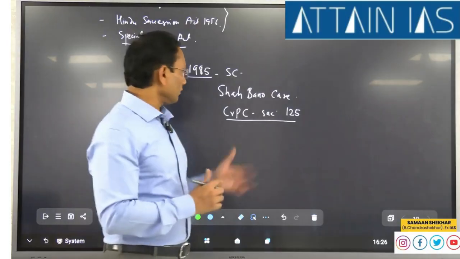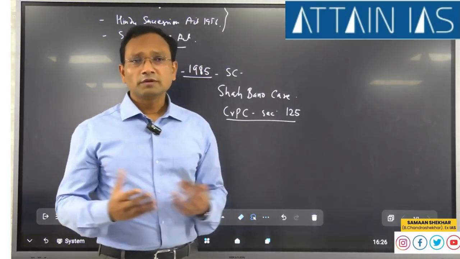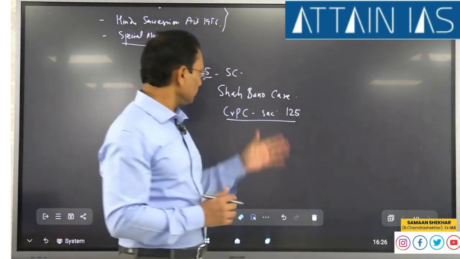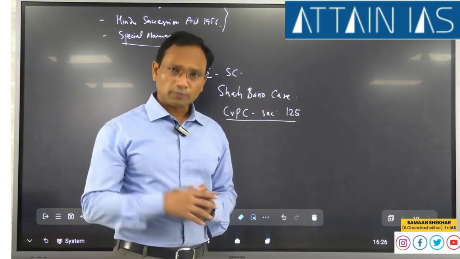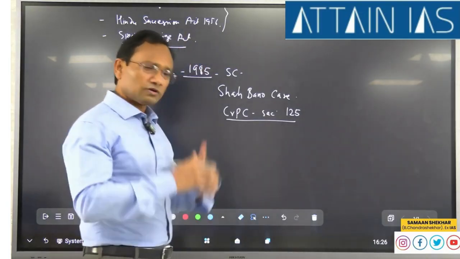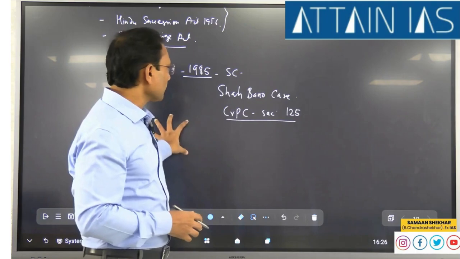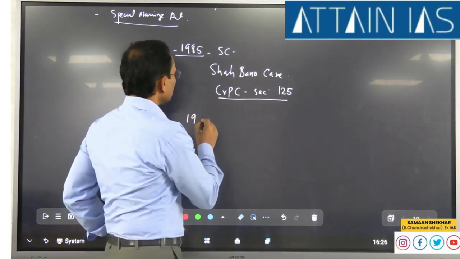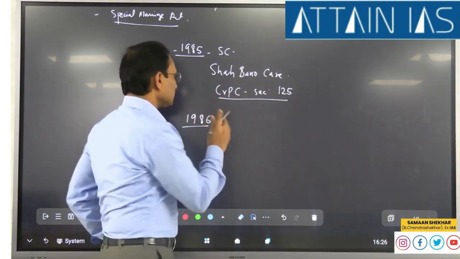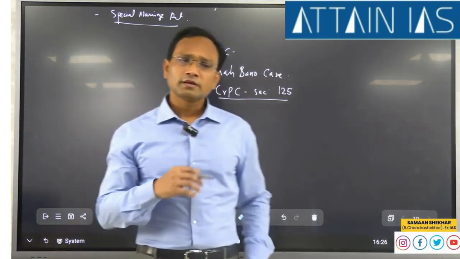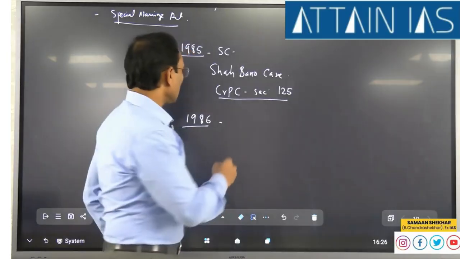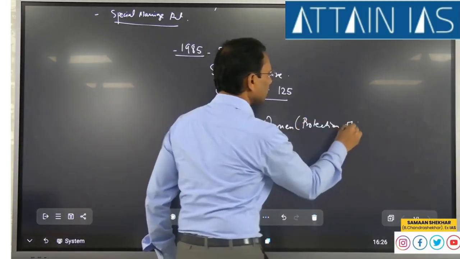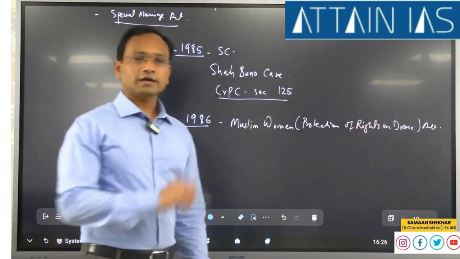Now, this was welcomed by many, but at the same time, there were some orthodox elements among Muslims who opposed it, and there was an uproar on this issue. And the then central government, in 1986, the very next year, came up with something called the Muslim Women (Protection of Rights on Divorce) Act.